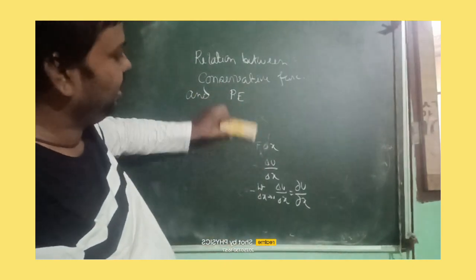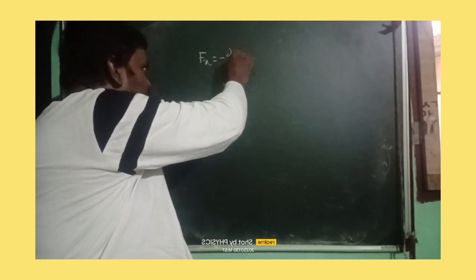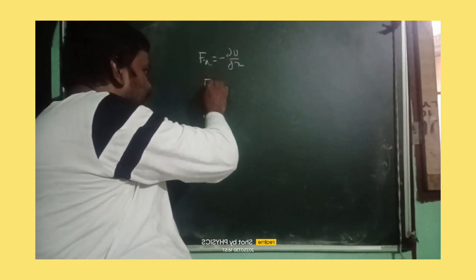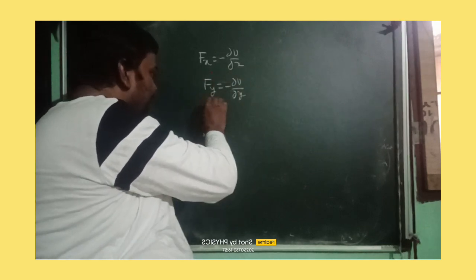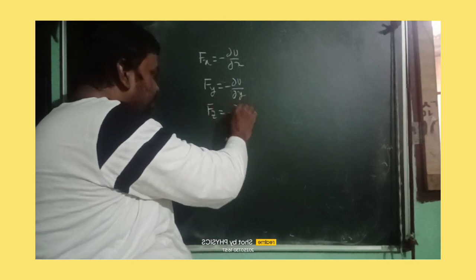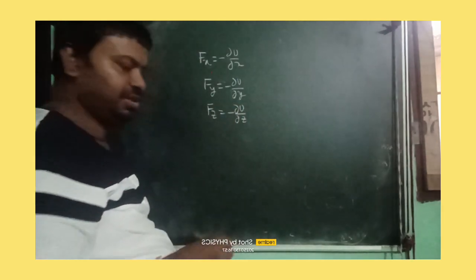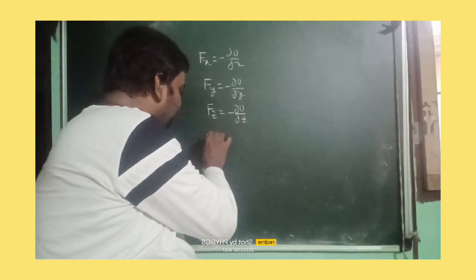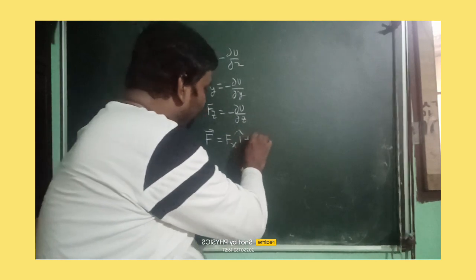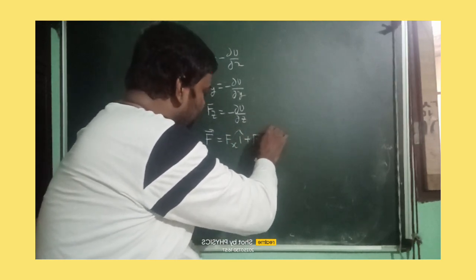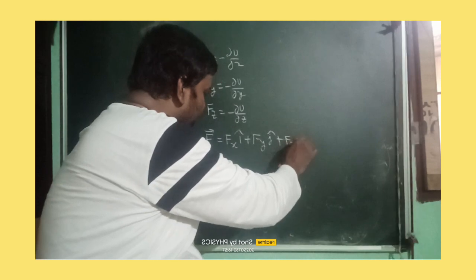Now similarly we will get Fx is equal to minus del U by del x, Fy is equal to minus del U by del y, and Fz is equal to minus del U by del z. So here we can write the F vector is equal to Fx i hat plus Fy j hat plus Fz k hat.